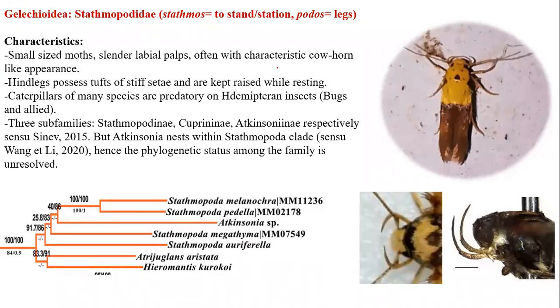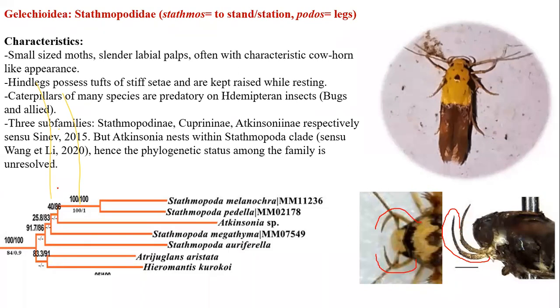However, the adults of this family can be identified following their characteristic labial palps: most species belonging to this family have characteristic cowhorn-like labial palps. You are seeing here that their labial palps look like cowhorns, or at least they are very slender and very long.